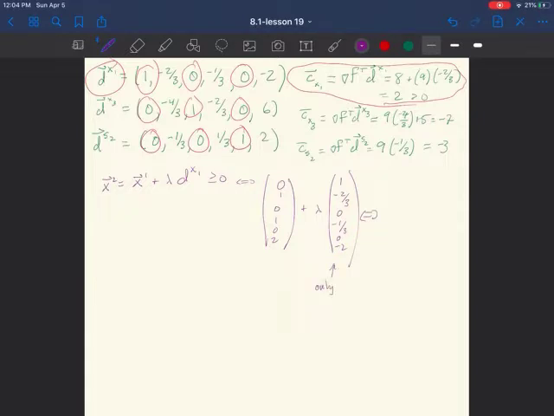I'm only going to worry about the negative components here because those are the only ones that might go negative, might go infeasible. So that's 1 minus 2/3 lambda has to be greater or equal to 0. It'll be 1 minus 1/3 lambda greater or equal to 0. And 2 minus 2 lambda is greater or equal to 0.